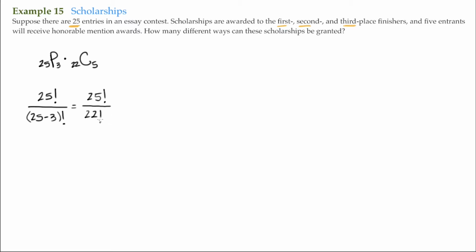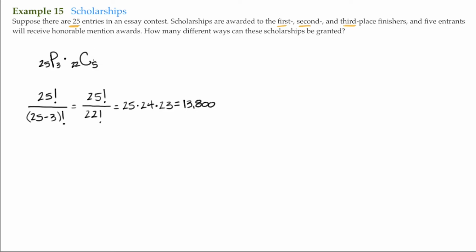So the 22 factorial in the denominator is going to factor out those in the numerator. So we're going to be left with 25 times 24 times 23. That's 13,800.